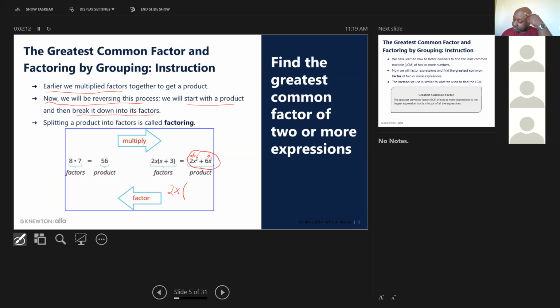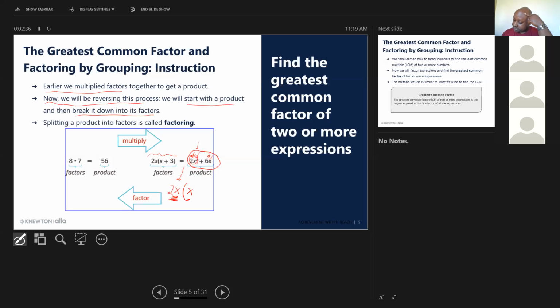I wanted to write it myself down here, okay? So when I factor out this 2x, this is going to leave me with just 1x, because 2x times x gives me this 2x squared.